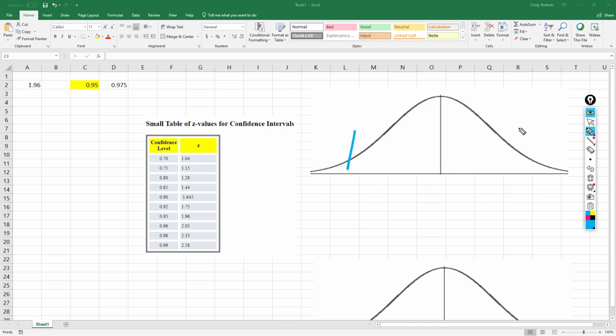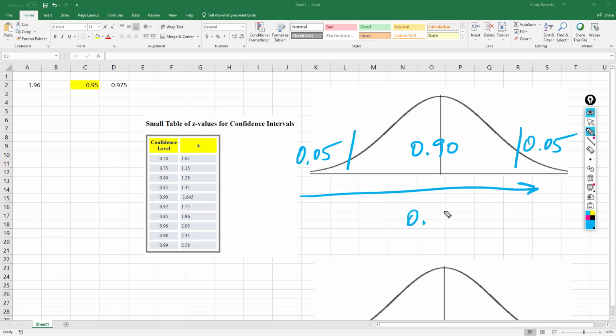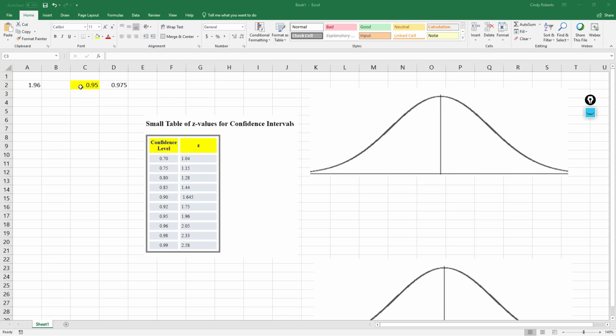What am I going to look up in the table? 1 minus 90% would be 10%. Half goes here, half goes there. So I'm looking up 0.95 for 90%. If I come over here and I say 0.90, I can see that value, and I can even add a decimal.